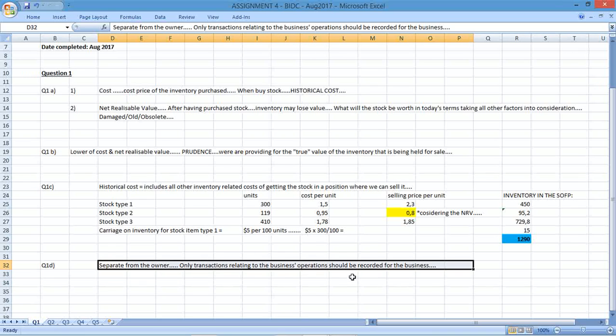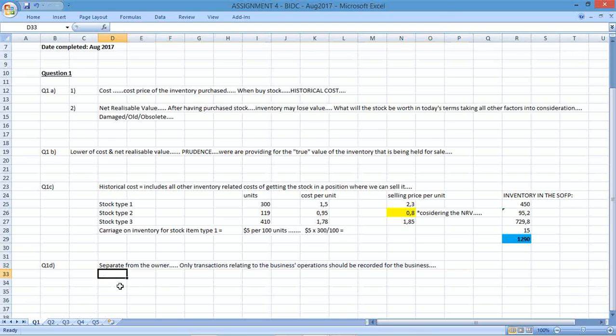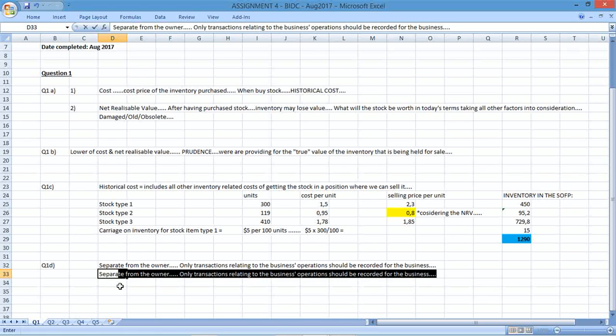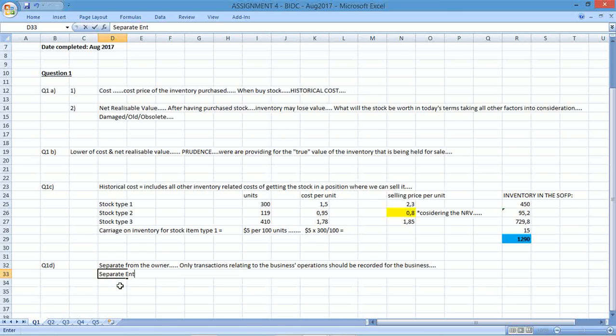So if there's anything outside of the business in terms of other transactions relating to maybe the employees or the owners of the business, it wouldn't affect the business. The business is a separate entity that needs to be accounted for separately.